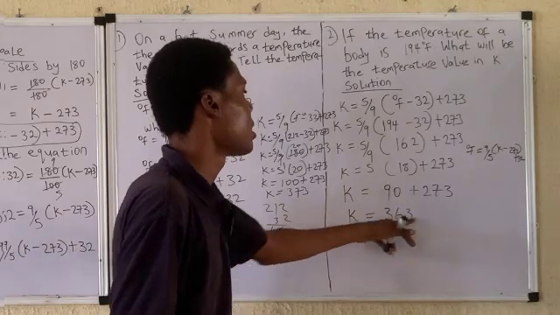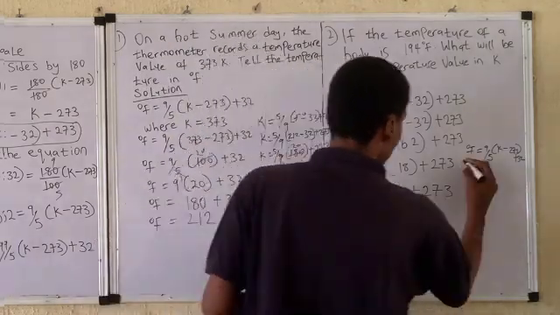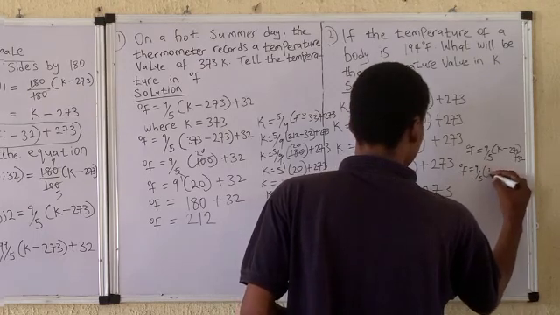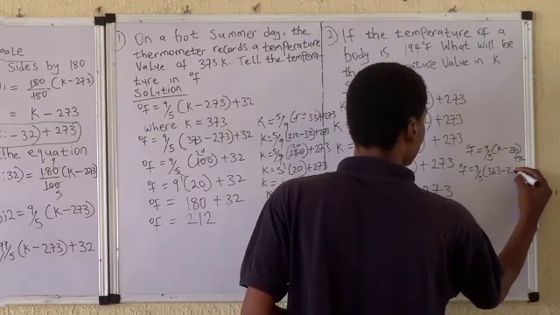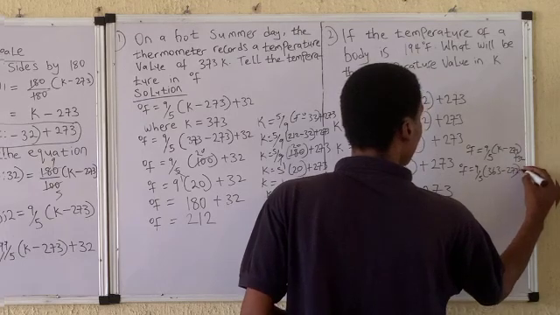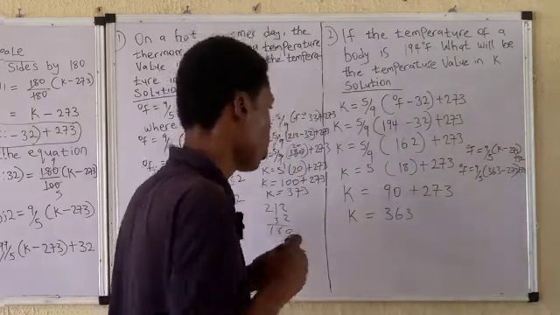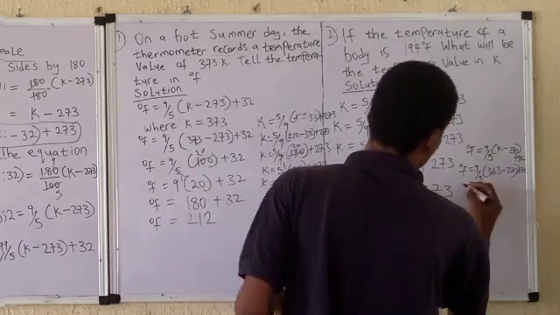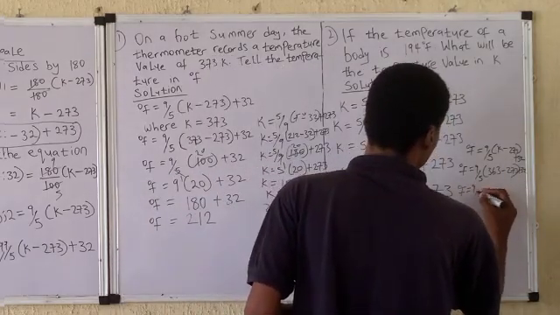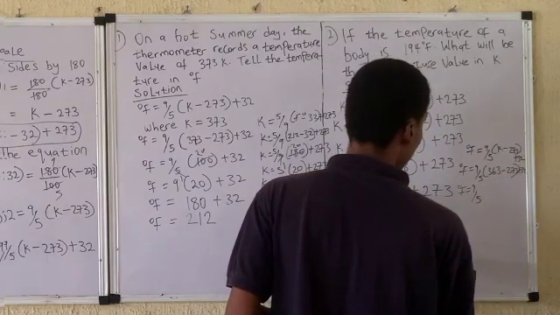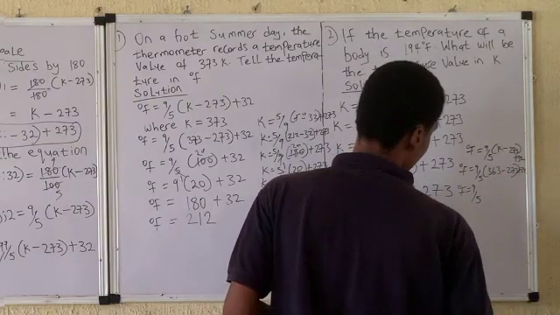Our Kelvin is 363. So Fahrenheit equal to 9/5, 363 minus 273, plus 32. So what do we do here? We deal with the bracket first. So we have Fahrenheit equal to 9/5, 363 minus 273, so we have 90.